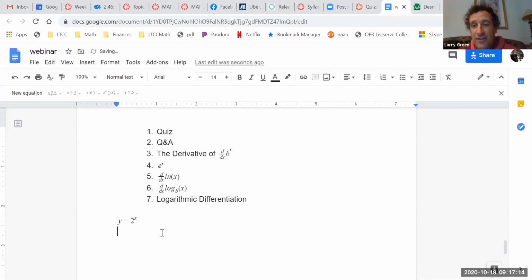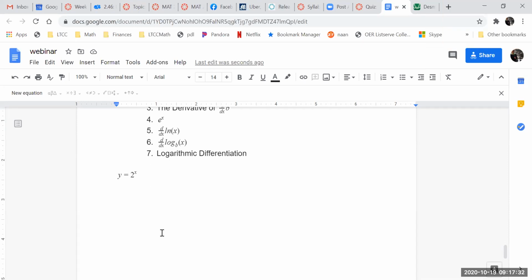Okay, have you all seen this function before? Y equals 2 to the x. Is this a new function for you? No. Right, you've seen it, but have you seen it in this class? Not in this class.